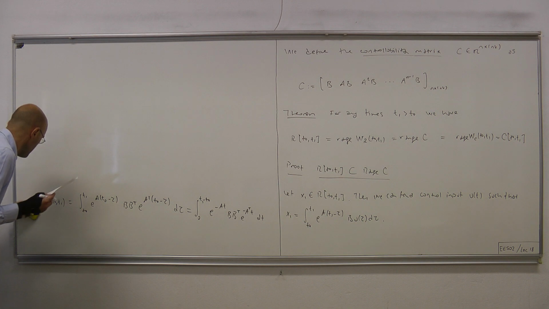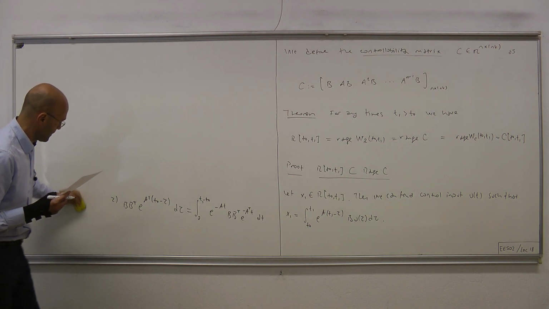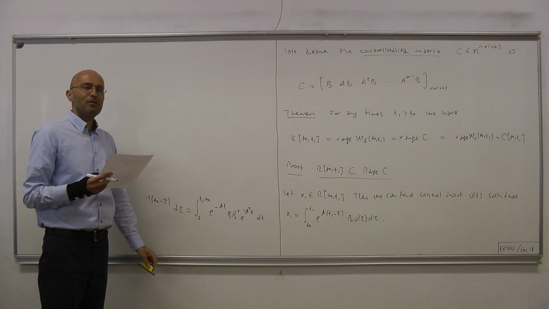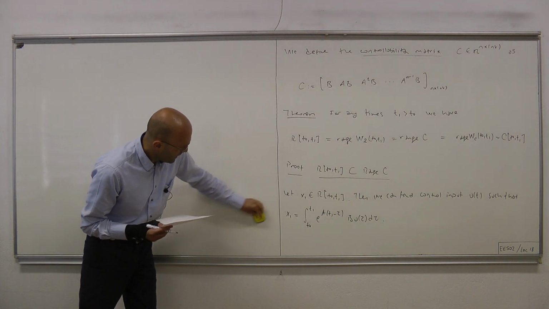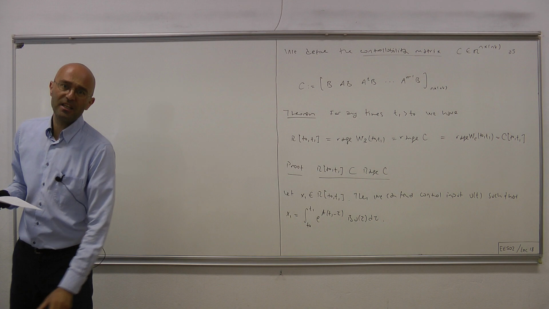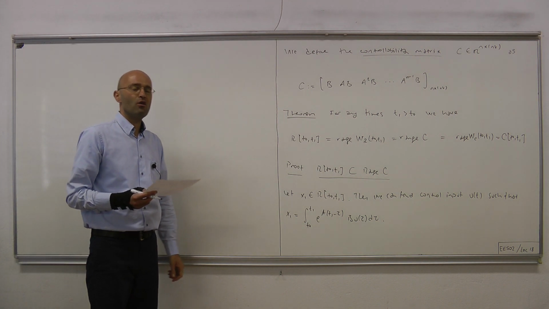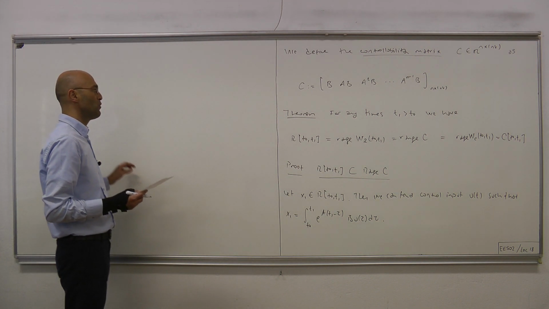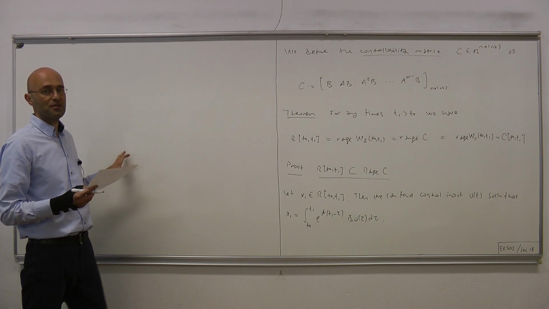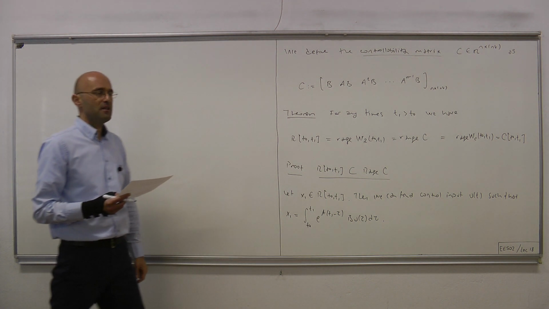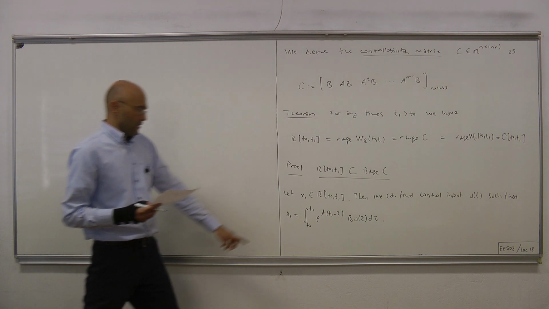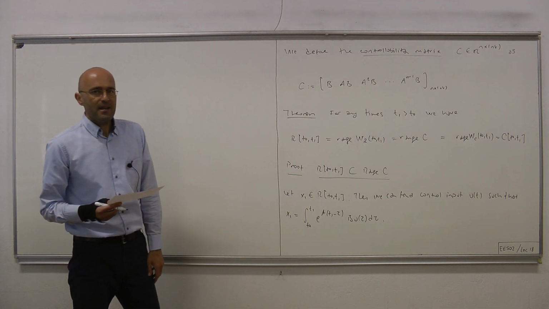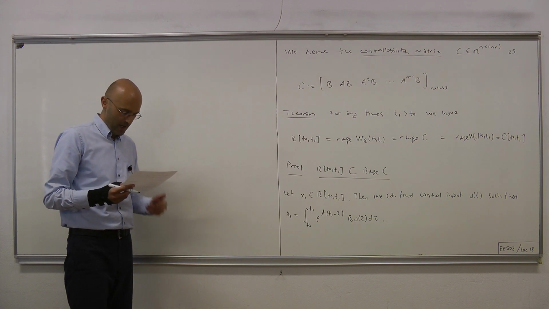And we know from 501 that by the Cayley-Hamilton theorem, any power of a matrix can be written as a linear combination of its first n minus one powers, where n is the size of our square matrix. In this case, the square matrix that we're talking about is A, and its size is n by n.